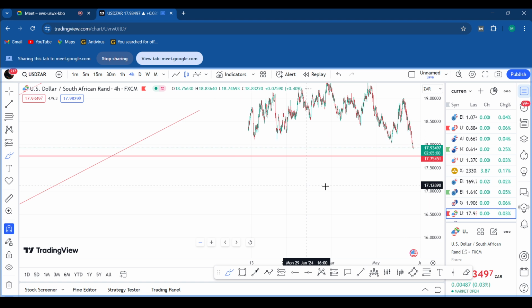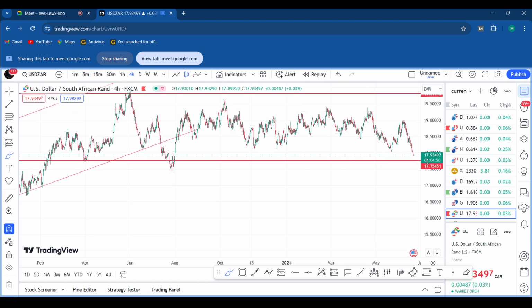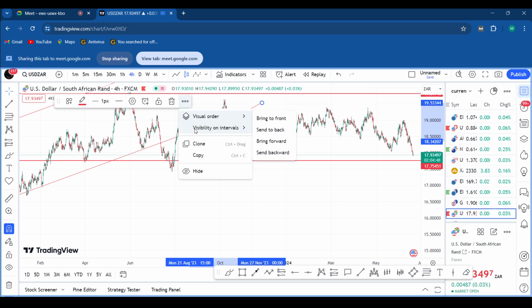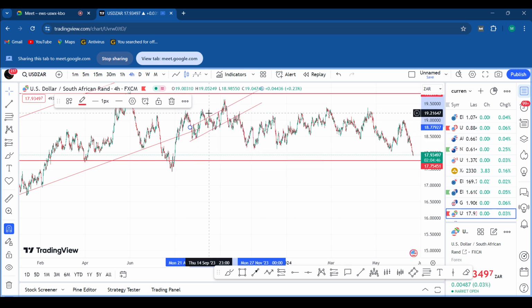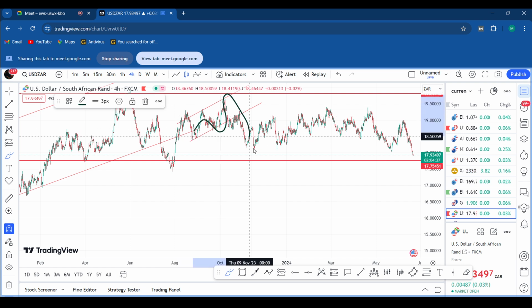Let me just zoom out a bit. As you can see, the market has been creating impulse, correction, impulse, correction. We had a correction here, and we had a correction, impulse, correction, impulse.